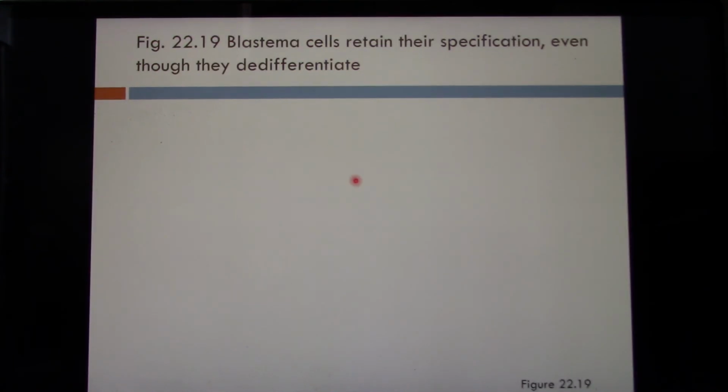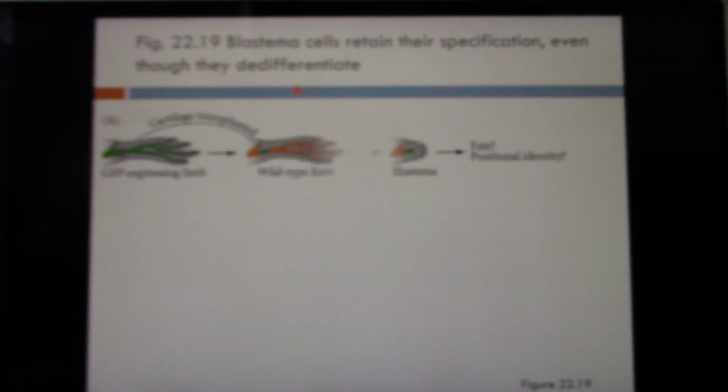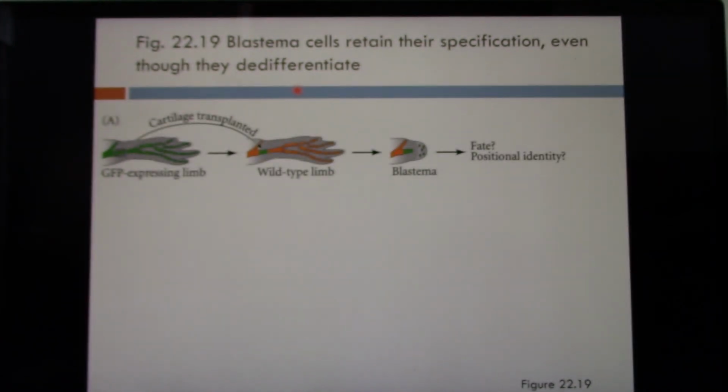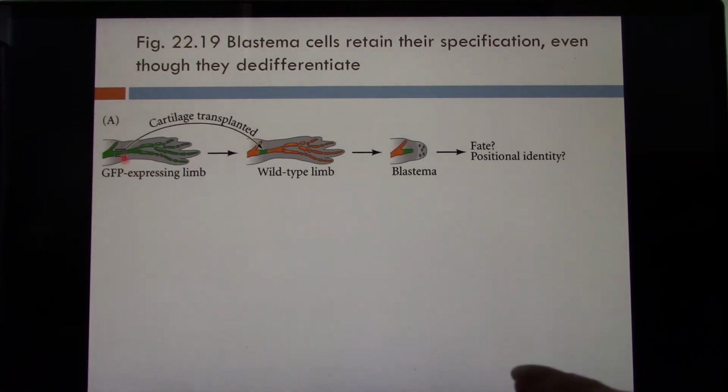And so the conclusion you can see right here in the figure title is that blastema cells retain their specification even though they dedifferentiate. So they did the experiment where they created an organism that has the green fluorescent protein expressed only in the cartilage.